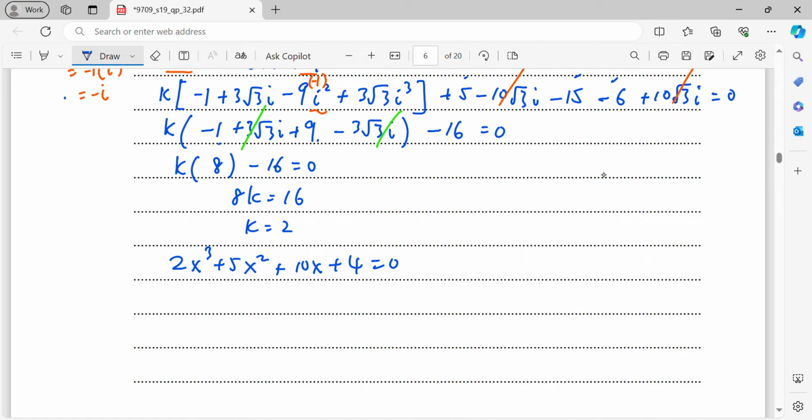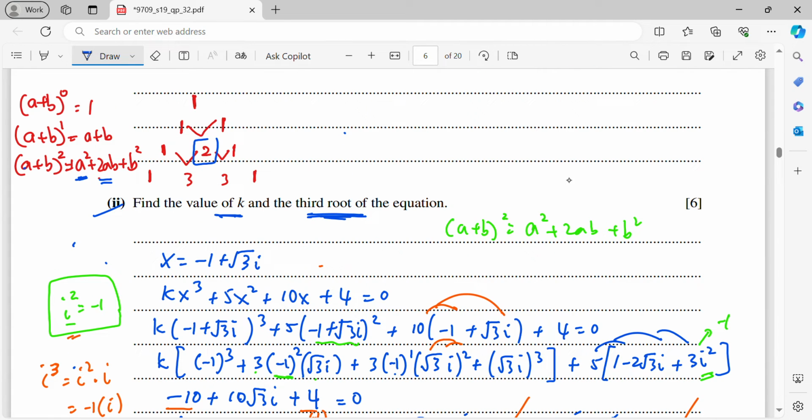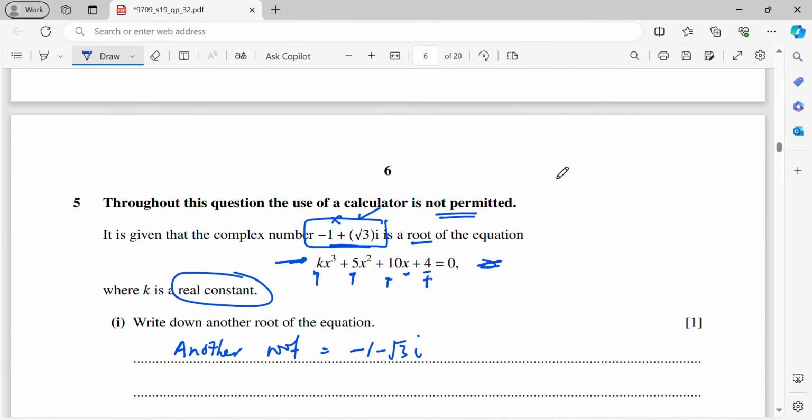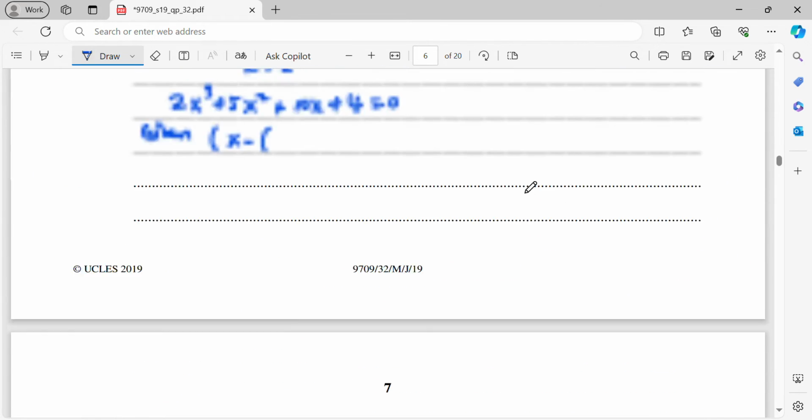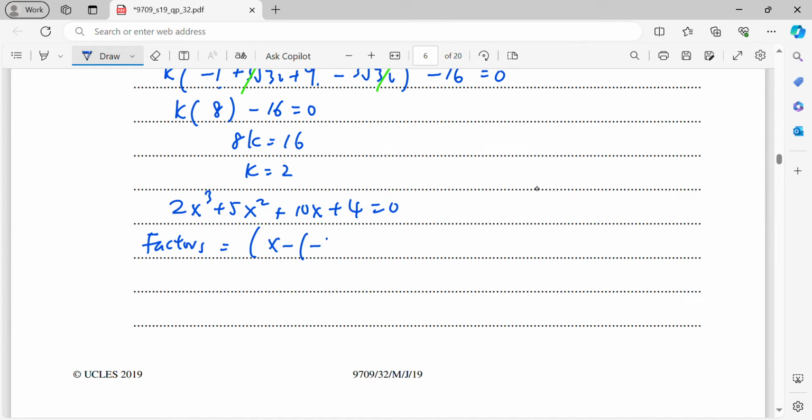So probably I write down the factors first. So the factors equals to x minus, just now was minus 1 minus √3 i. Okay, minus 1 plus √3 i. So then you change to factor form. So that means this is x minus (-1 plus √3 i). Then you multiply with x minus (-1 minus √3 i).